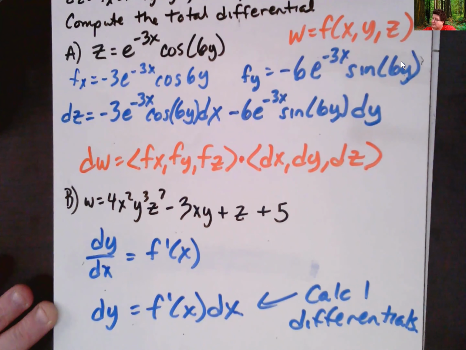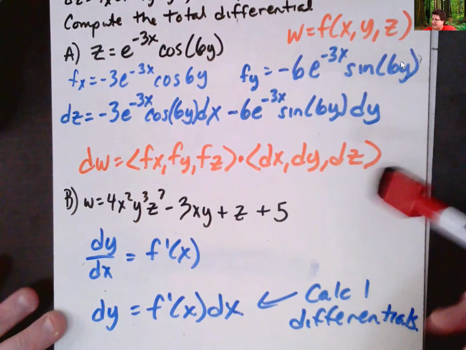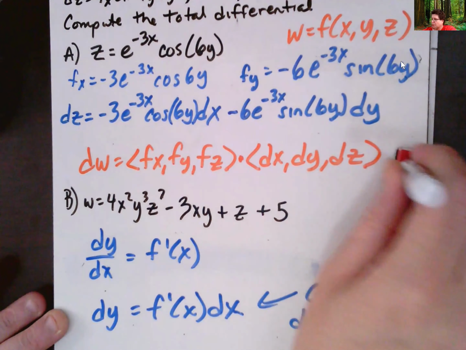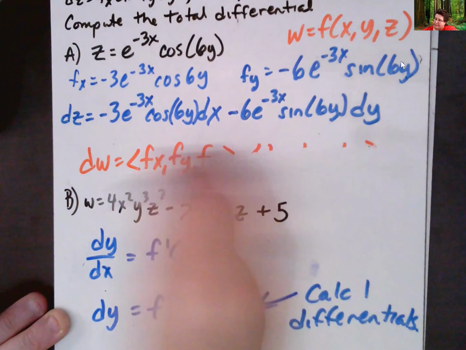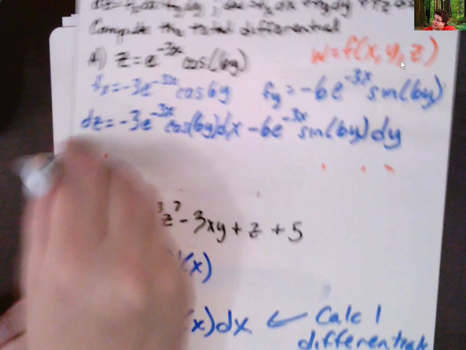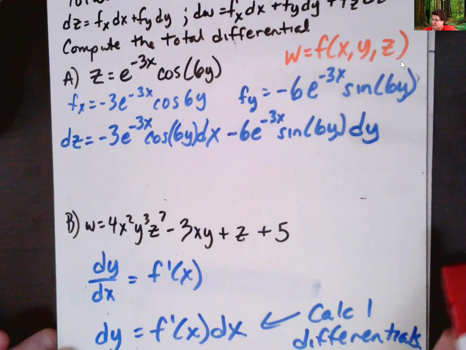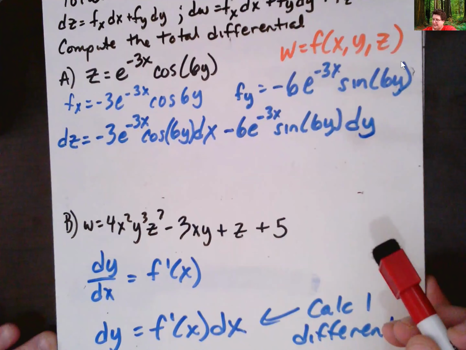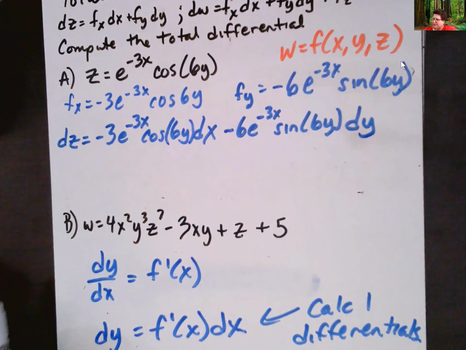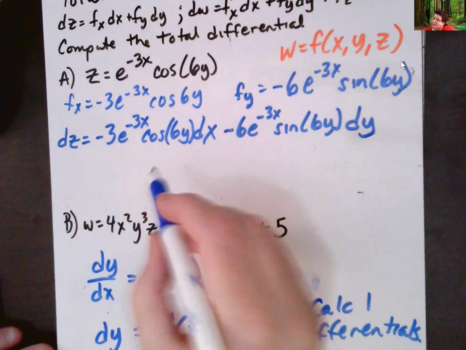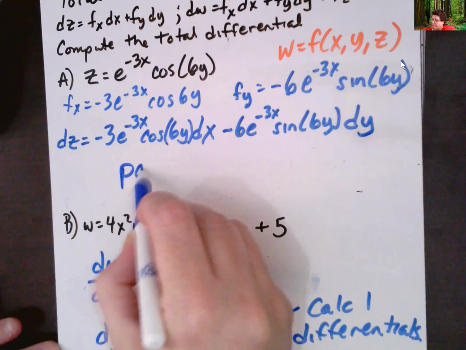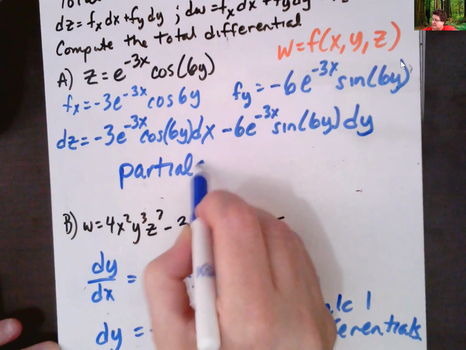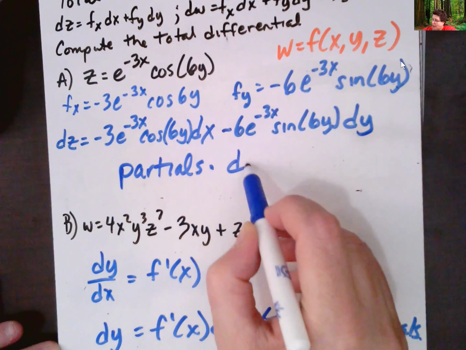So, this is not in the book. It's not even important. I was just pointing it out, so I'm erasing it. The important thing is that when you do total differentials, you do partial derivatives, partials times d variable.